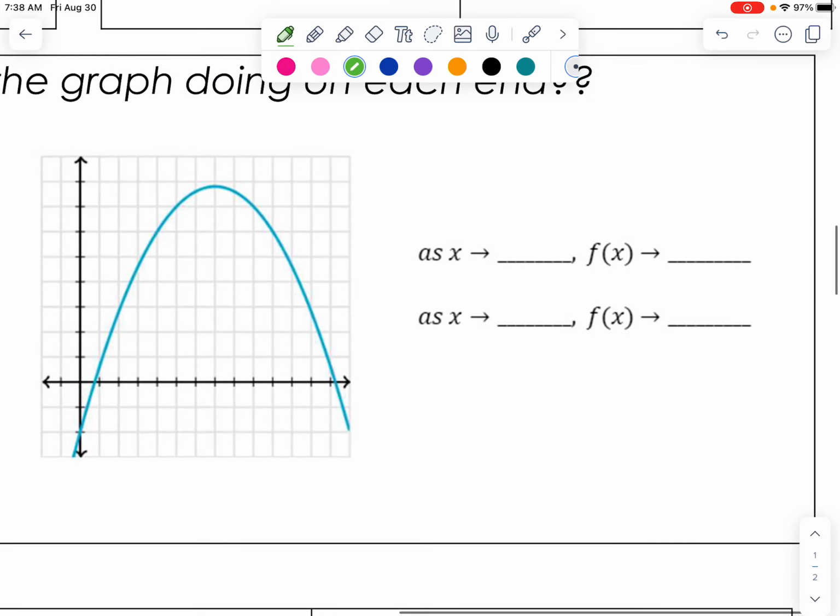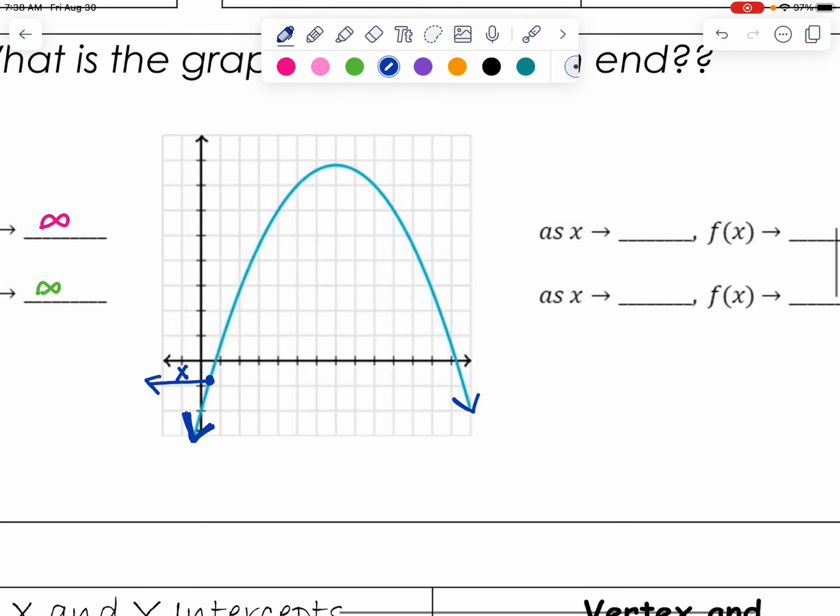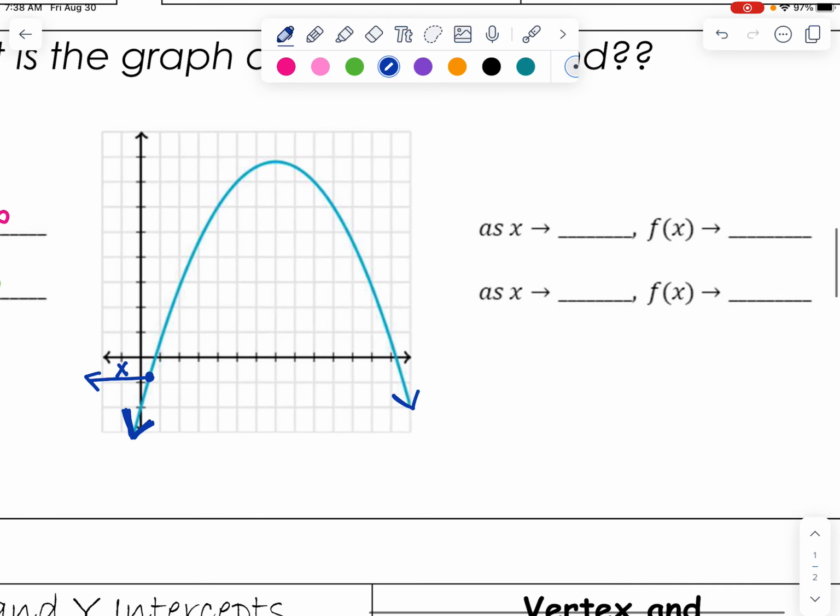Let's look at this next one. Again, we've got two ends, an end on the left and an end on the right. For the end on the left side, the x's are moving to the left. Remember, as x goes to the left, it's getting smaller and smaller, going towards negative infinity. As we move to the left, what other direction is our end going?